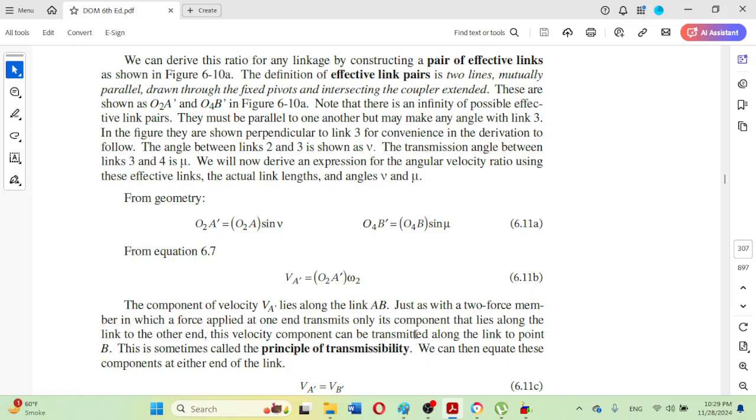This velocity component can be transmitted along the link to the point B. This is sometimes called the principle of transmissibility.